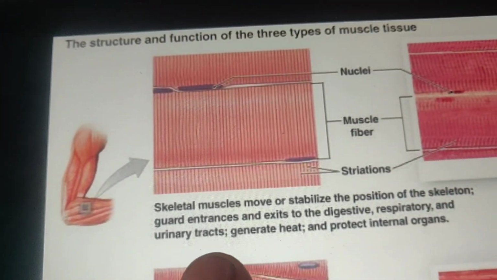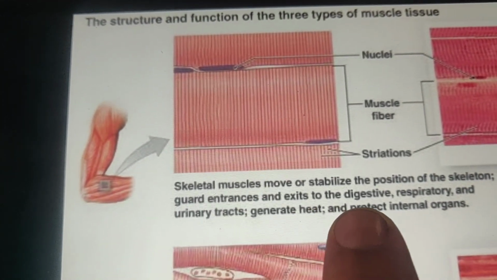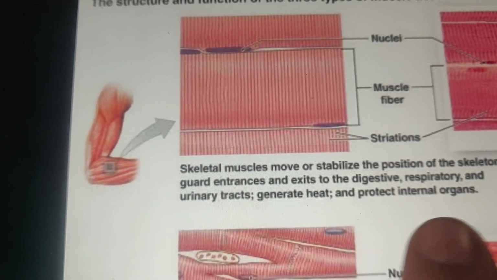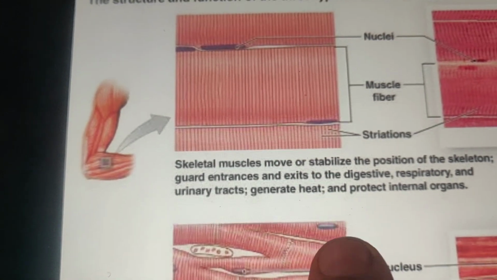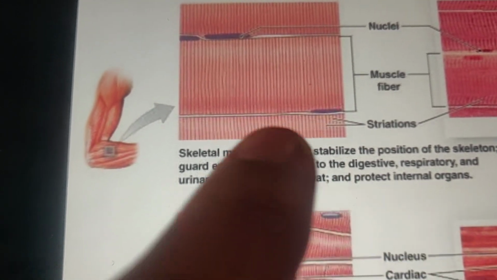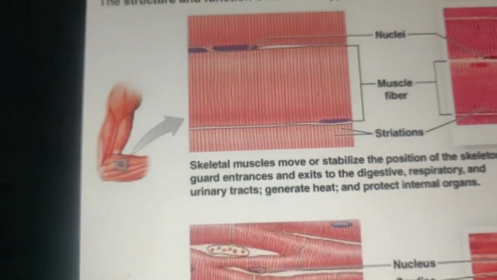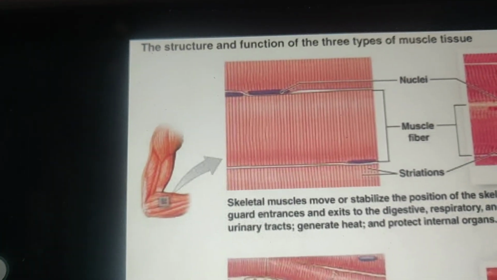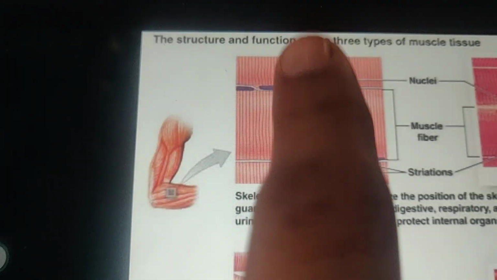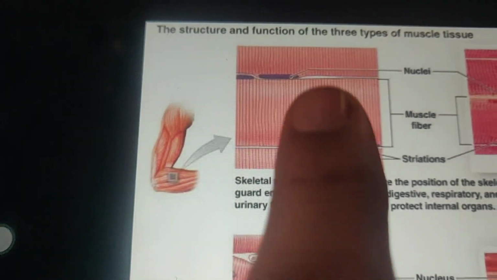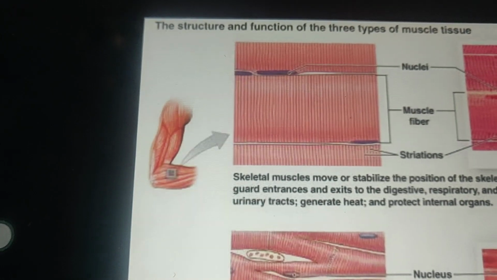Skeletal muscles move or stabilize the position of the skeleton, guard entrance and exit of the digestive, respiratory and urinary tracts, generate heat and protect internal organs. These are where they are located and what their functions are. Skeletal muscles have striations or stripes, the lines that you see.